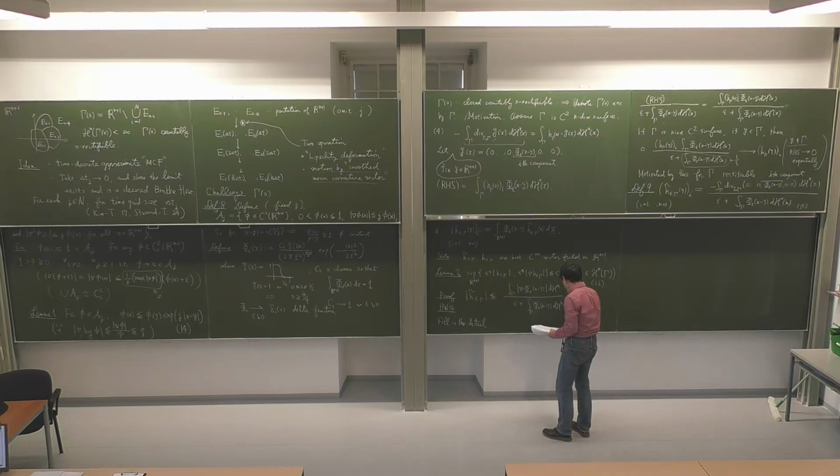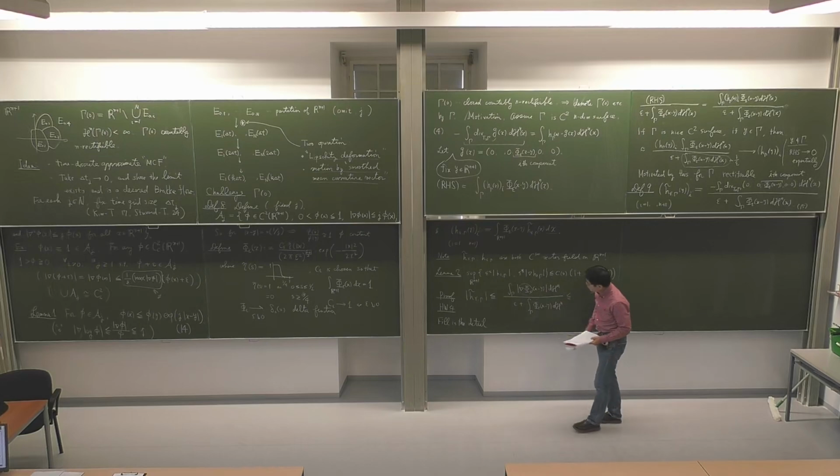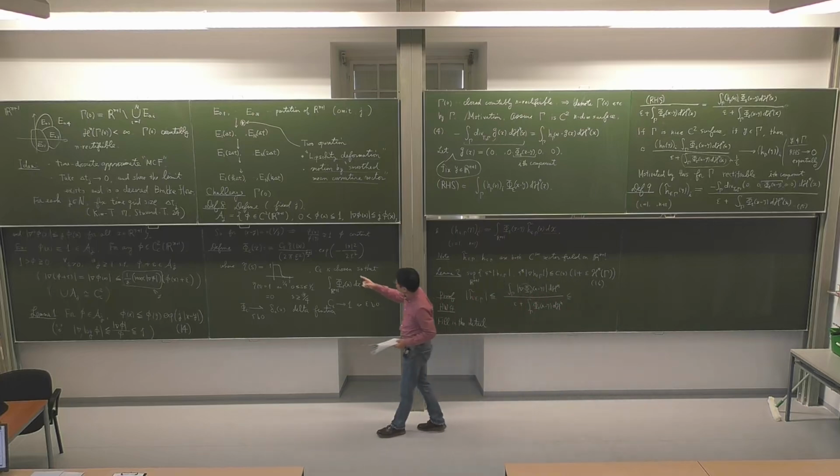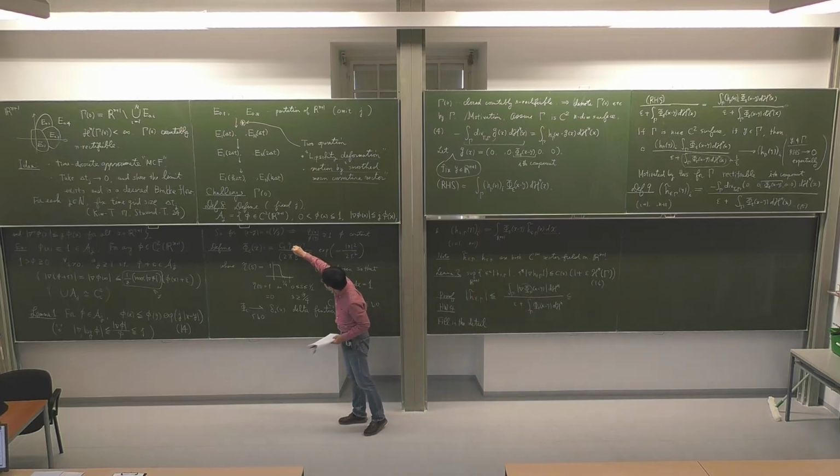And you can check that this differentiation has, I think, only one problem: you have this test function, cutoff function, so you have to differentiate this guy and also this guy.